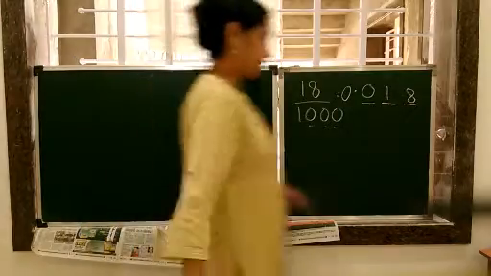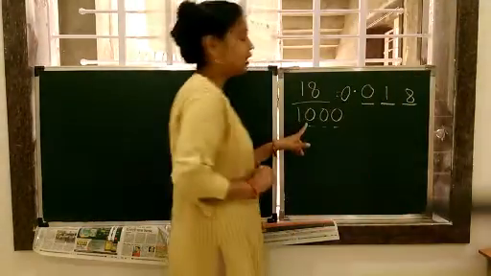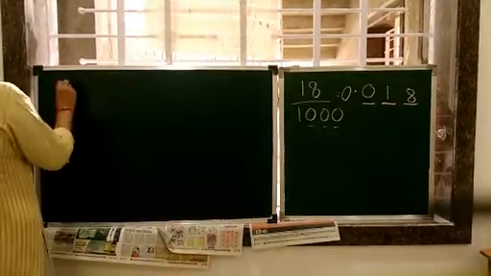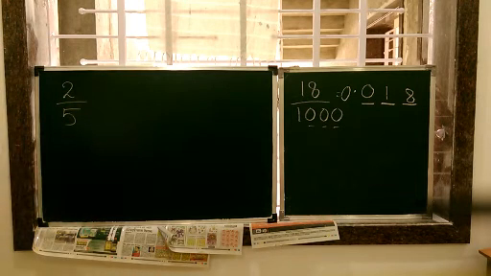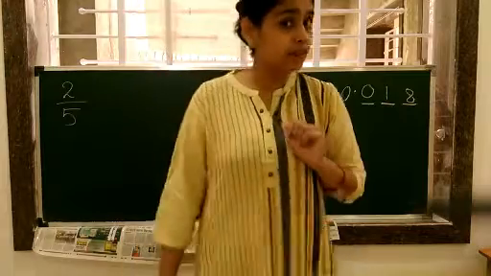Now there's one more thing. We were talking about the denominator when it is tens, hundreds and thousands. Now what if the number is not tens, hundreds and thousands? If the denominator is not tens, hundreds and thousands, then what to do, children? Then we have studied equivalent fractions.